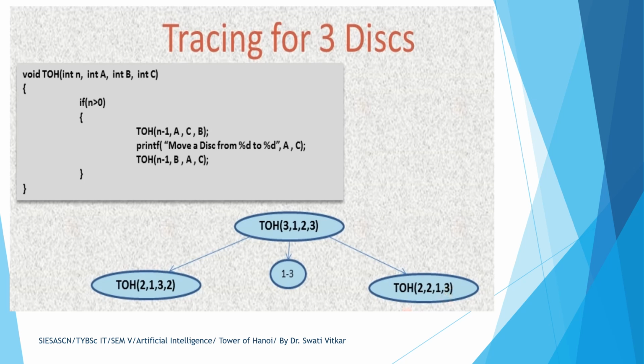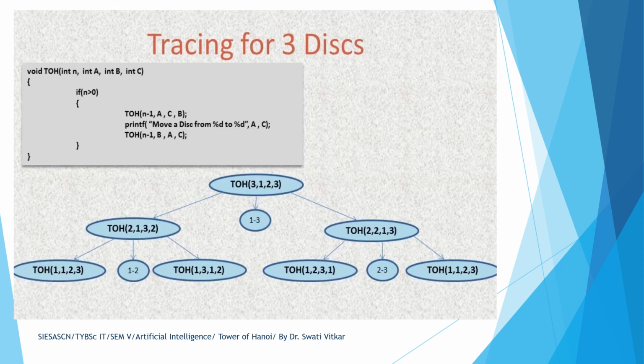And two disks are remaining, that is n minus 1 disks. Initially there were three disks, and now after expansion it will be used for two disks. Now we can further expand it, and one disk is remaining here. And again we are calling the recursive function to solve how to transfer two disks from one tower to another tower.